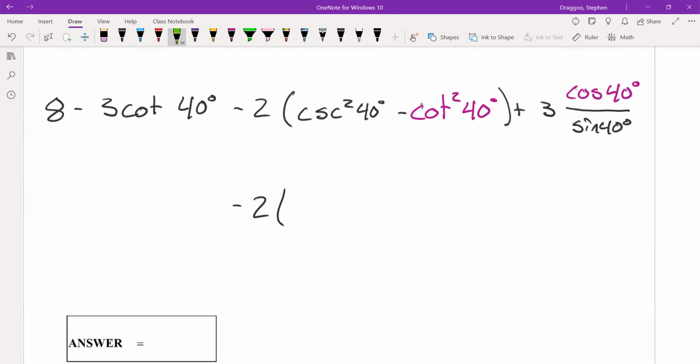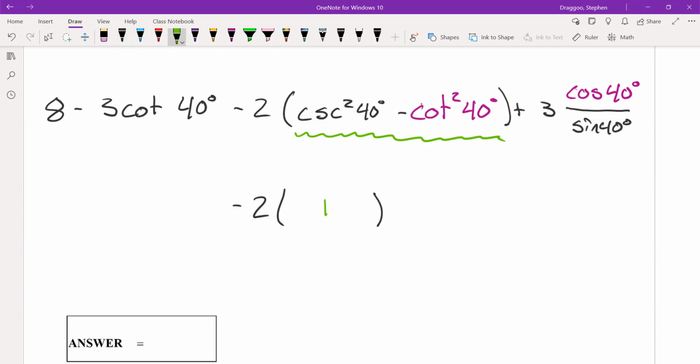So this bit right here, cosecant squared of 40 degrees minus cotangent squared of 40 degrees, is a quick rewrite of one of the Pythagorean identities. That whole thing is equal to 1. So normally we have 1 plus cotangent squared is equal to cosecant squared. But if we rearrange that slightly, we'll see that 1 is equal to cosecant squared minus cotangent squared.